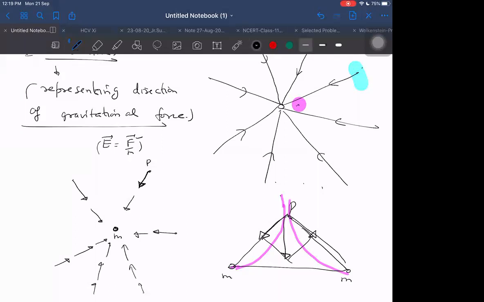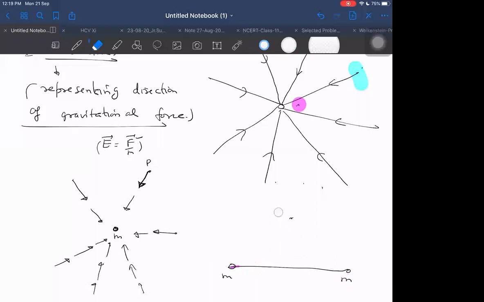But when there are multiple masses, here the effect of the other mass will not be much. Here it will be towards this mass, but the effect of the other mass is very less. Somewhat effect will be there, because of which it will not be exactly towards this mass, but slightly deviated, because the other mass is also pulling.